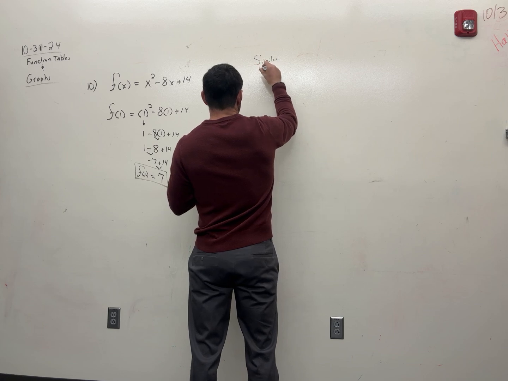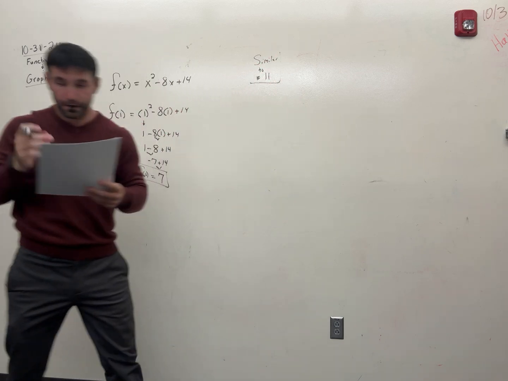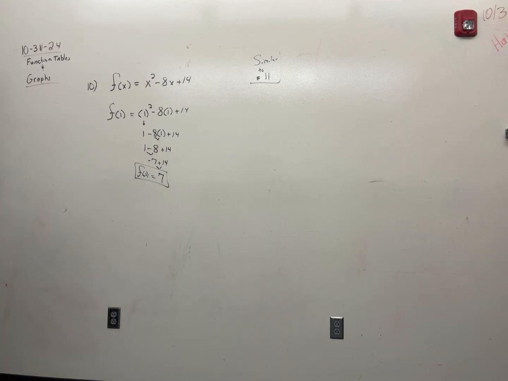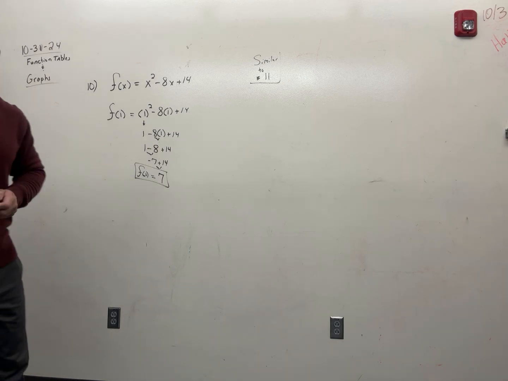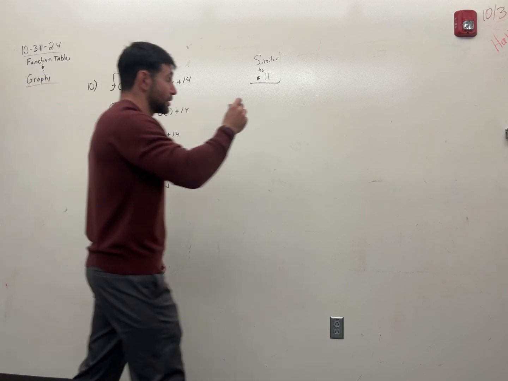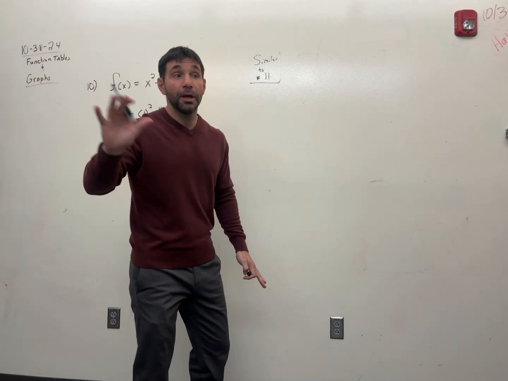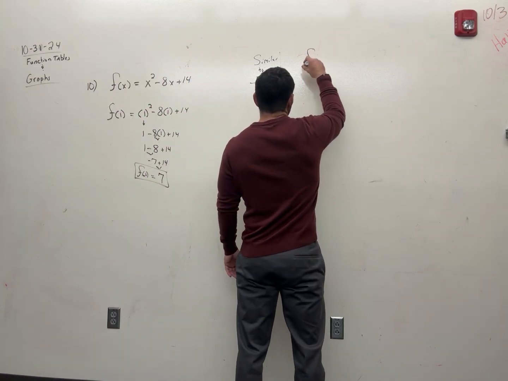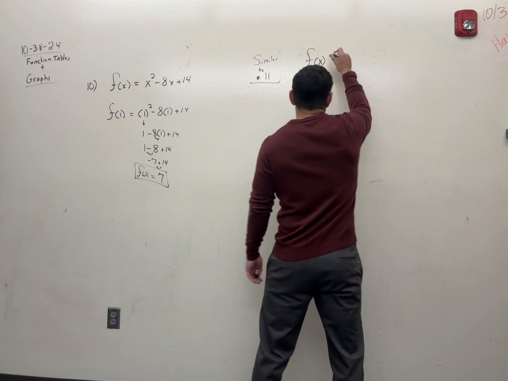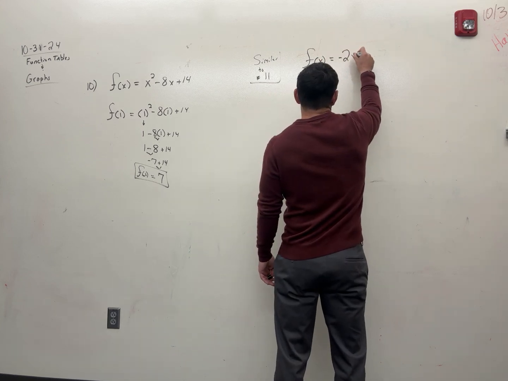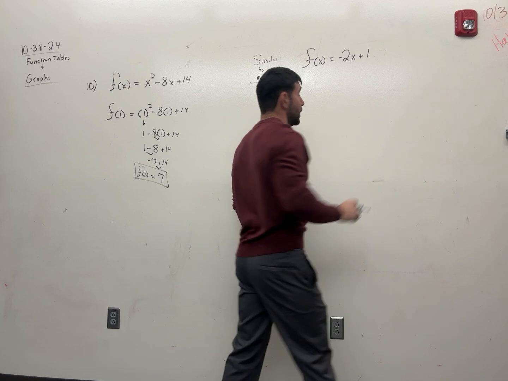Similar to number 11. Okay, it's not going to be number 11, but it's similar. F of x equals negative 2x plus 1.